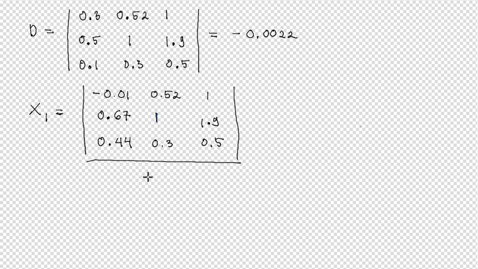Divide by the determinant minus 0.0022. If you calculate this determinant and divide by this value, you will have this result.